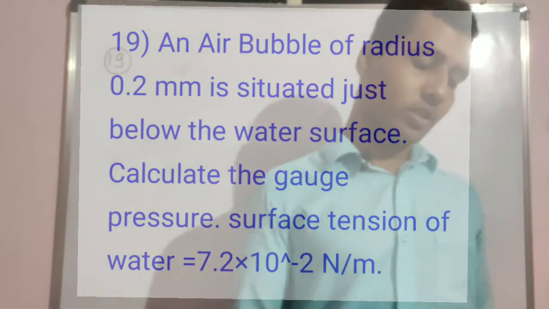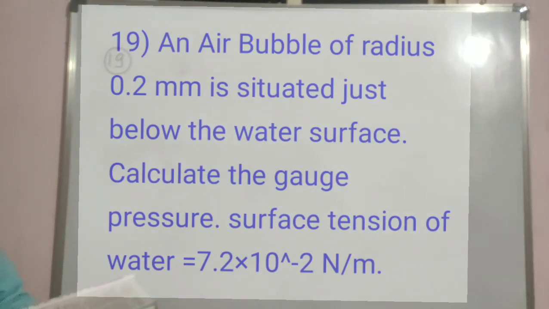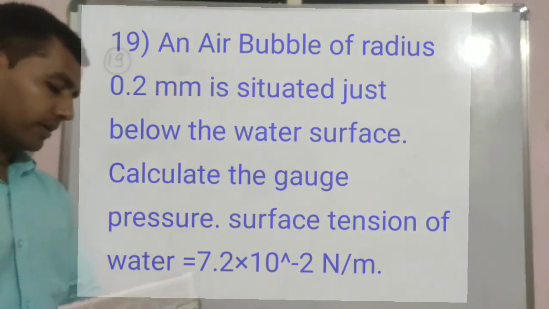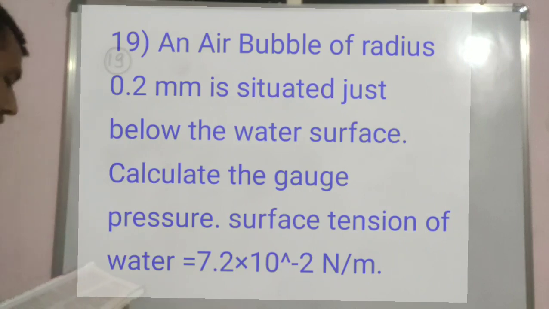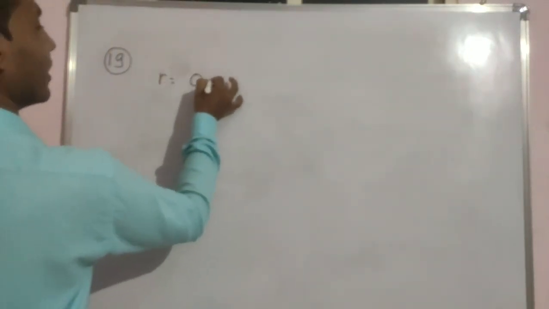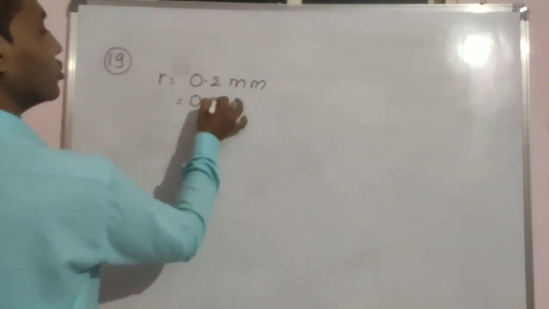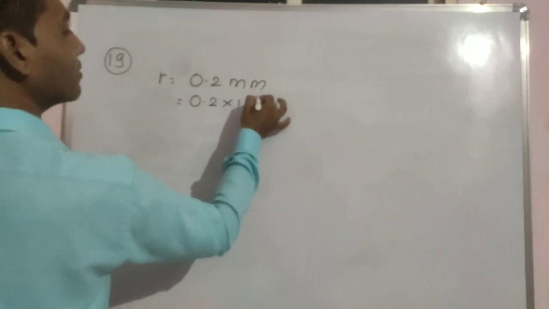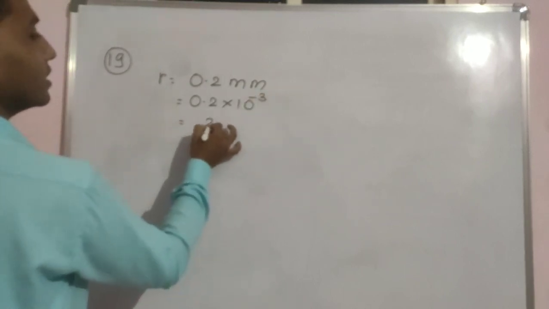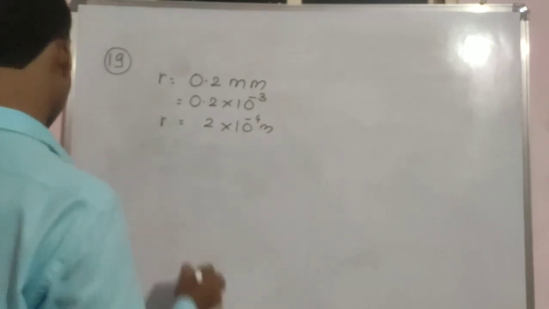Calculate the gauge pressure. Surface tension of water is 7.2 into 10 to the power minus 2 Newton per meter. So we have an air bubble of radius 0.2 mm, means 0.2 into 10 to the power minus 3. So this is 2 into 10 to the power minus 4 meter.